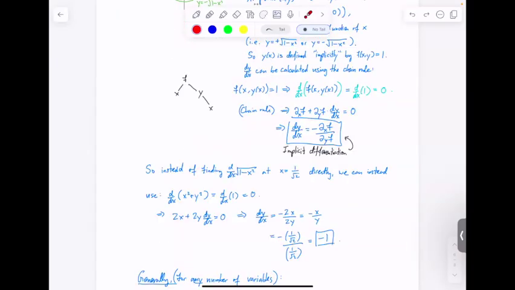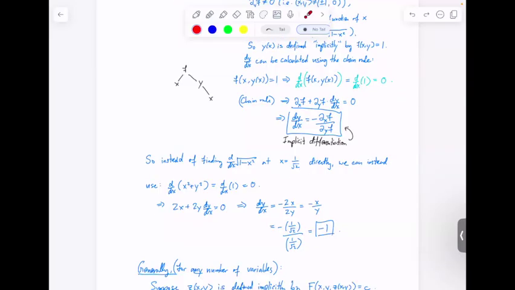Okay, so there's a question: how did I get the value of y to evaluate? Well, I know at x equals 1 over root 2, I need 1 over root 2 squared plus y squared equal to 1. So there's two possibilities, right? y could be equal to plus or minus 1 over root 2. But here's my function. My function is d dx of 1 minus x squared.